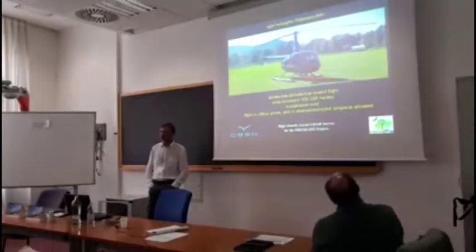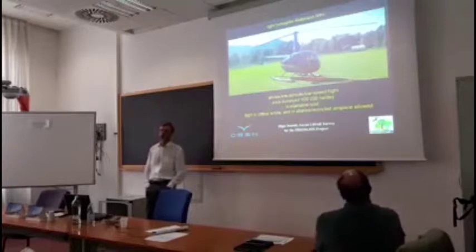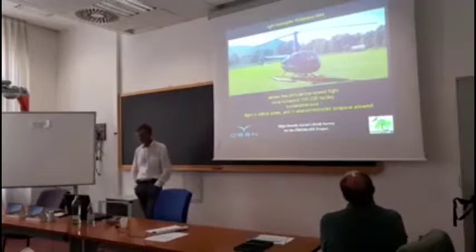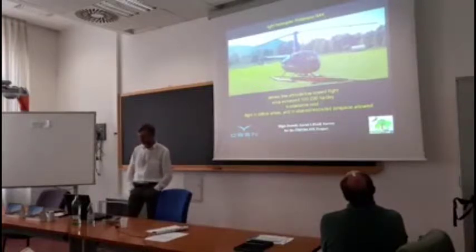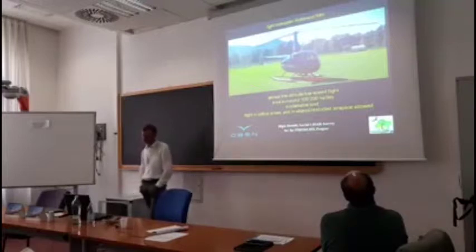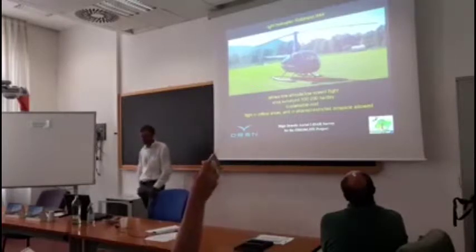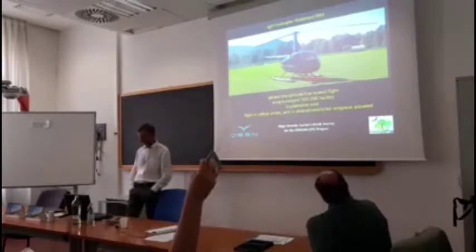Due to these limitations, we also had to use a manned platform. In this case, it is a light helicopter, which can fly at low altitude and low speed with respect to a larger helicopter.